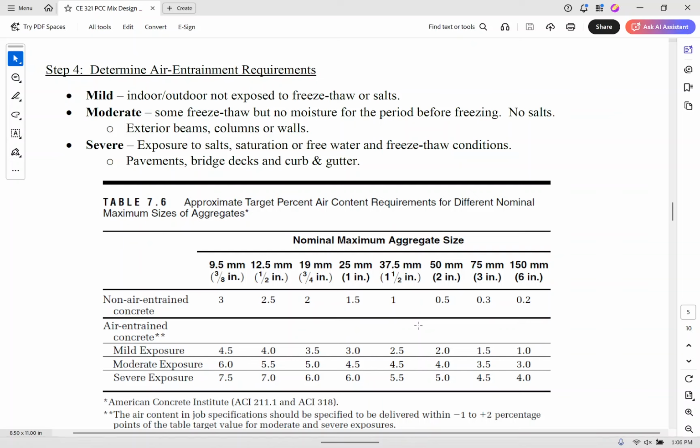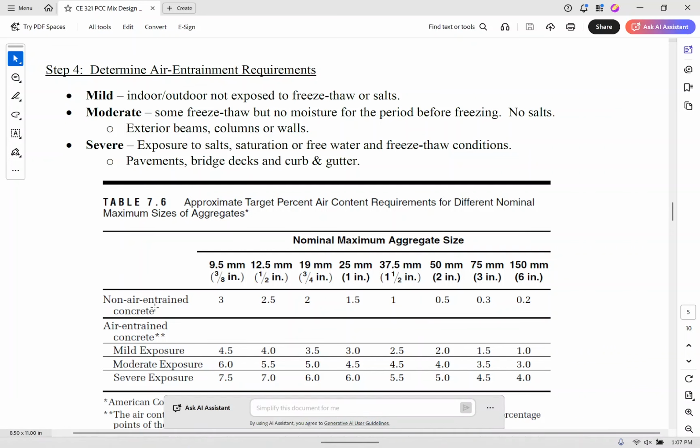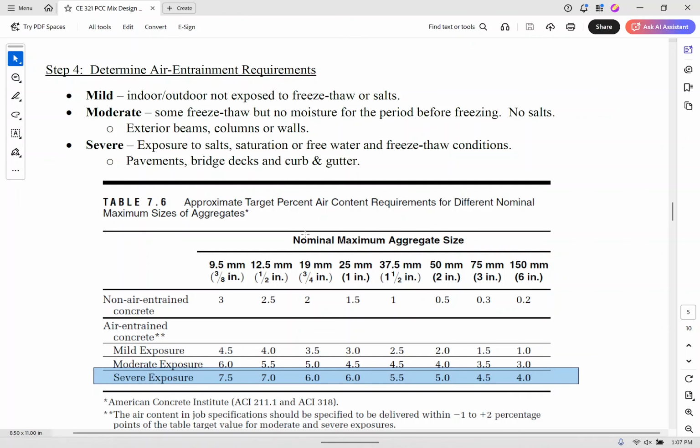So let's talk about our exposure conditions. We're not going to use air entrained or non-air entrained concrete. We're using air entrained, and we're going to do mild, moderate, or severe. Mild would be indoor, not exposed to freeze or thaw. That doesn't make sense. Moderate, some freeze thaw, but no moisture before the period of freezing, no salt. Doesn't really make sense. Severe is for us, right? That's for our application. So we're going to use severe exposure.